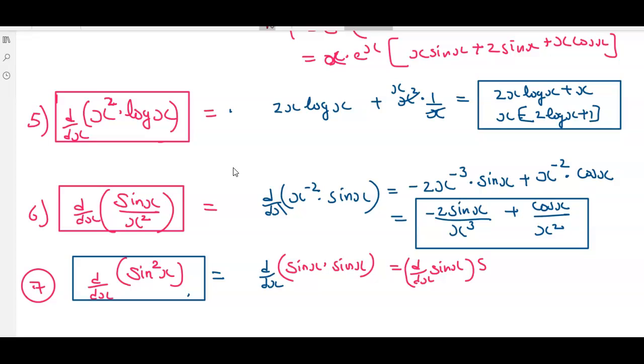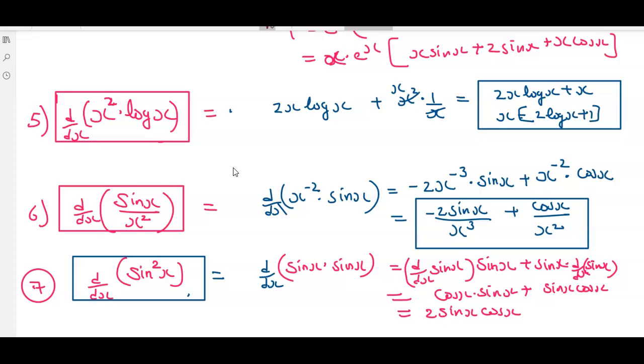It is the derivative of first sine, second sine as it is, then first sine as it is, the derivative of sin x. It is fair enough that we have done it with the formula of the product rule. Now the derivative of sin x is cos x. Now it is again sin x into cos x, which is of the formula 2 sin x cos x, and as you know in trigonometry this formula stands for sin 2x.